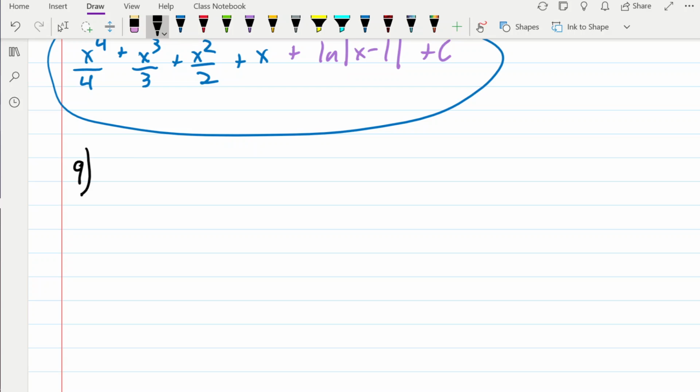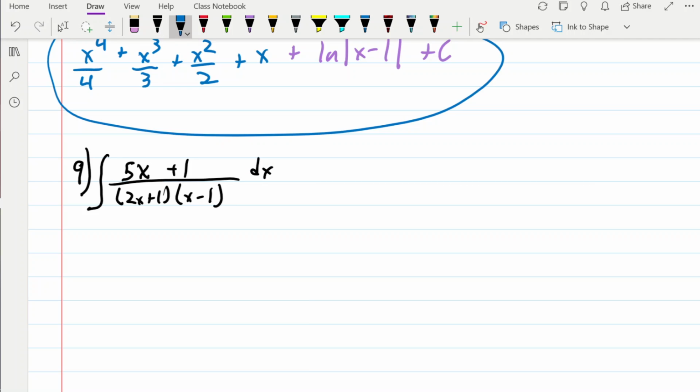For number 9, we are going to have the integral of 5x plus 1 over 2x plus 1 times x minus 1 dx.